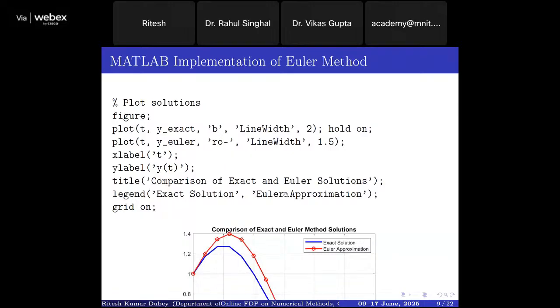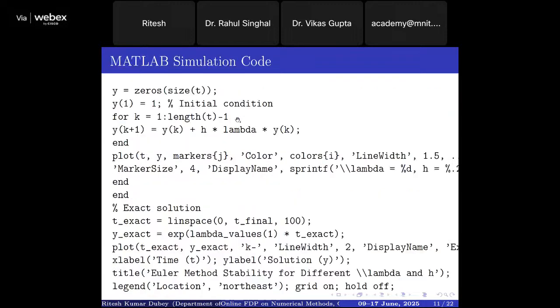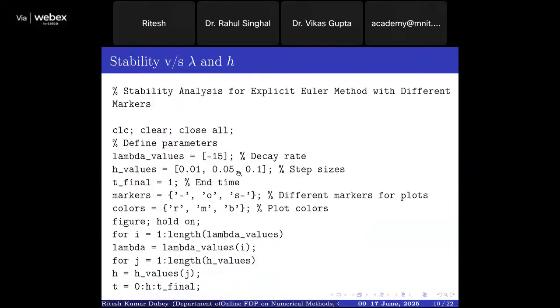So this is the code we have already implemented, and this slide actually talks about what happens if h and lambda are not good, like if they don't satisfy the stability condition. So the main body of the function is the same, but here we are using two loops.